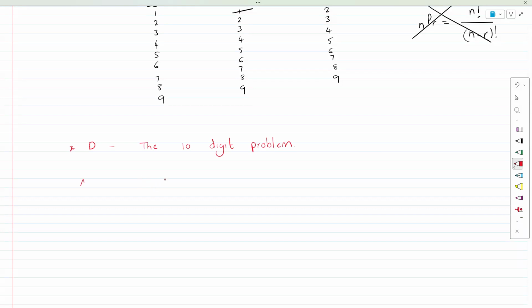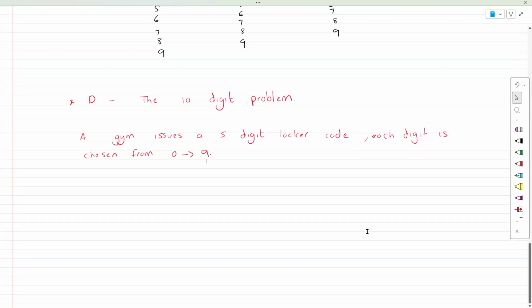Right? So let's start with a gym issues a 5-digit locker code. And with this 5-digit locker code, each digit is chosen from 0 to 9. Okay?